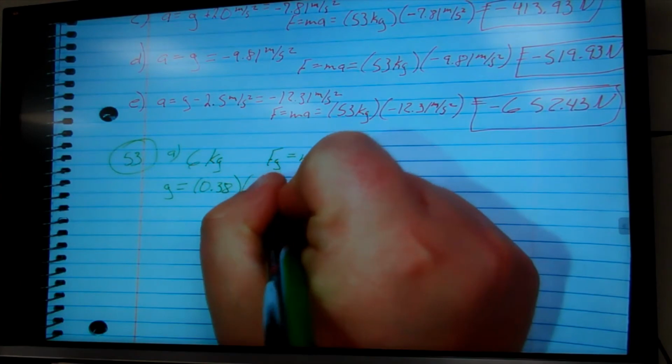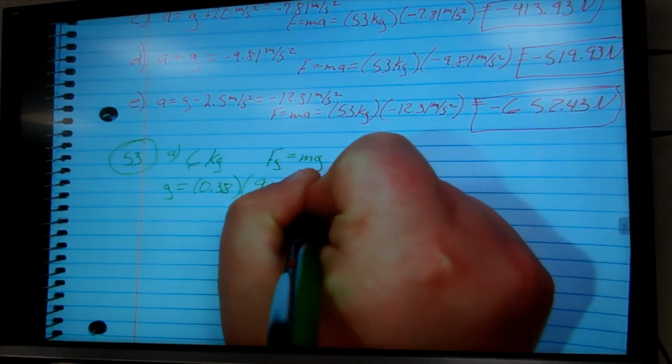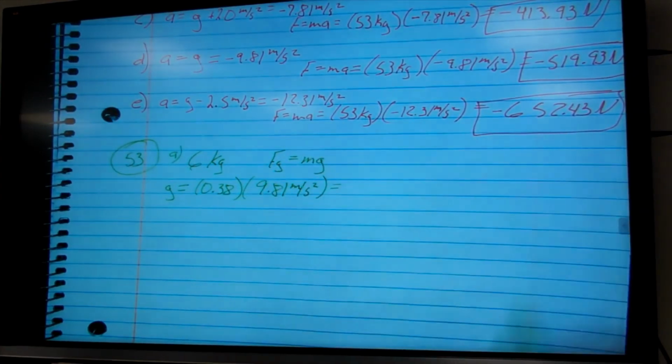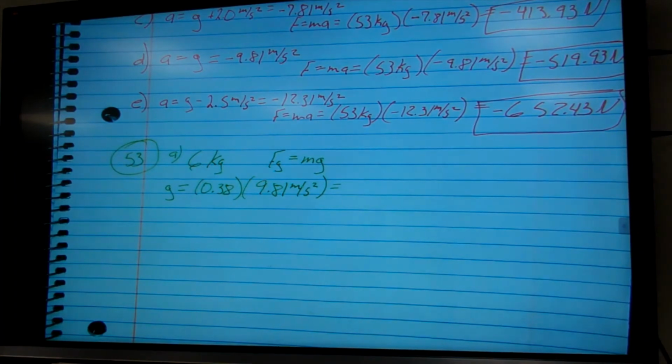Why are we multiplying? Because we have to find the gravity of Mercury. It tells us it's 0.38 times its value on Earth, but you have to figure that out.